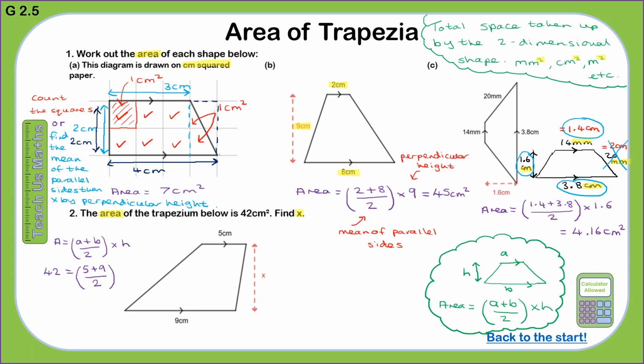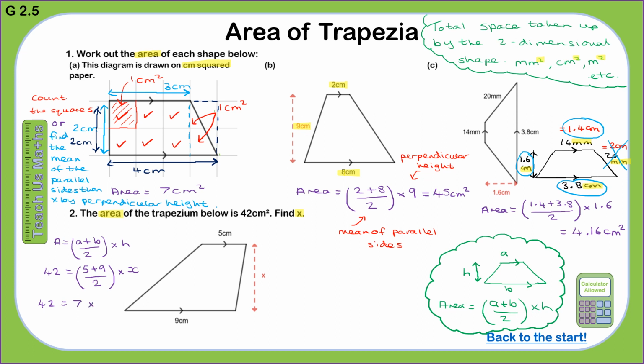Now we have got an equation in terms of x, we simply need to solve for x. So I'm going to start by working out what is inside the bracket. So we've got 42 is equal to, well, 5 plus 9 is 14, 14 divided by 2 is 7. So we can simplify this as 42 is equal to 7 multiplied by x.